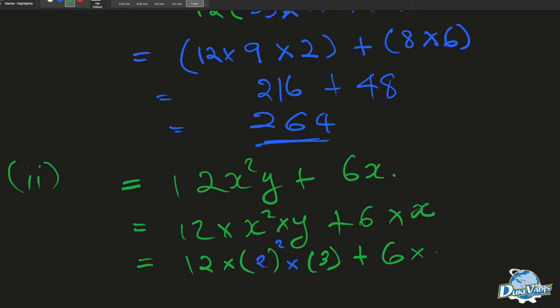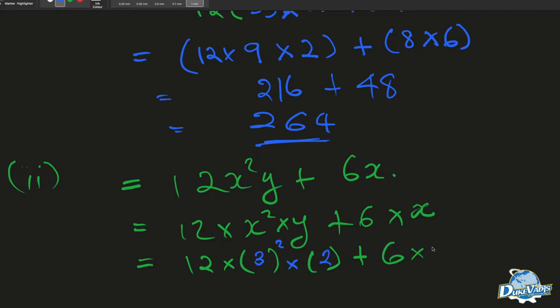Whoa, we have interchanged the values of x and y. Okay, so the value of x, we're given x to be 3, and the value of y is 2.